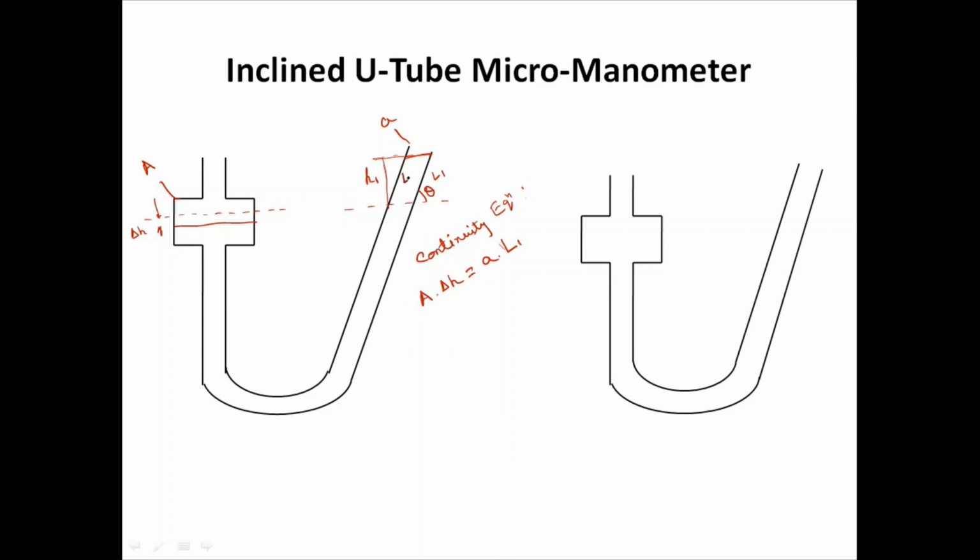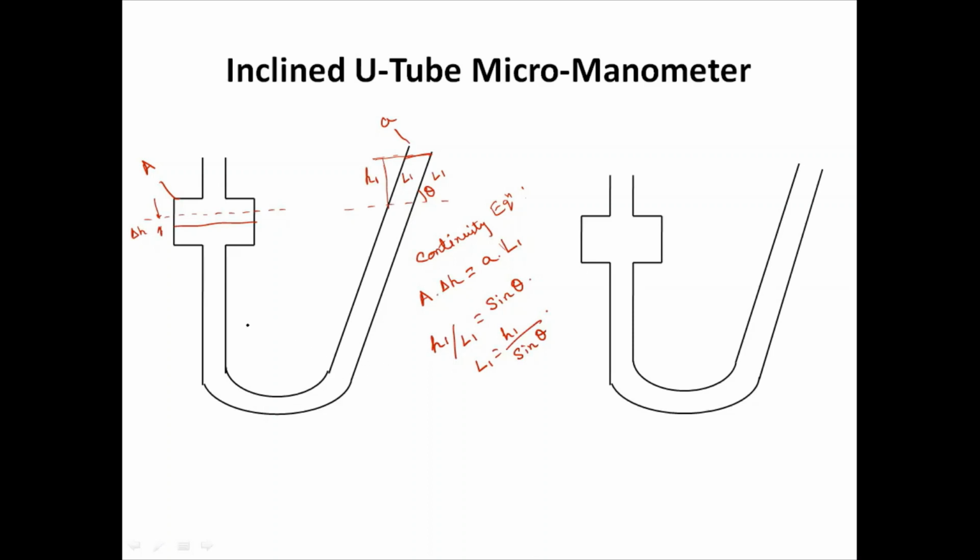So this is L1. H1 by L1 is equal to sin theta, so L1 is H1 by sin theta. Nothing else is there.